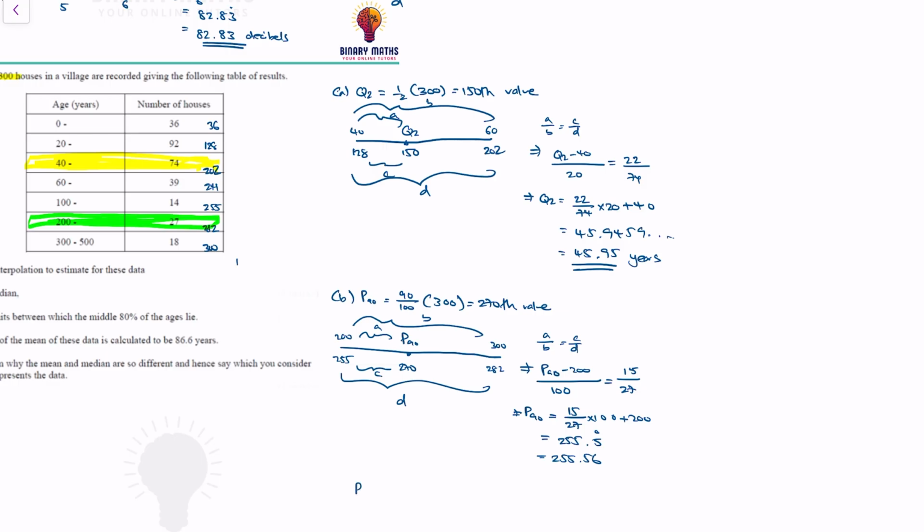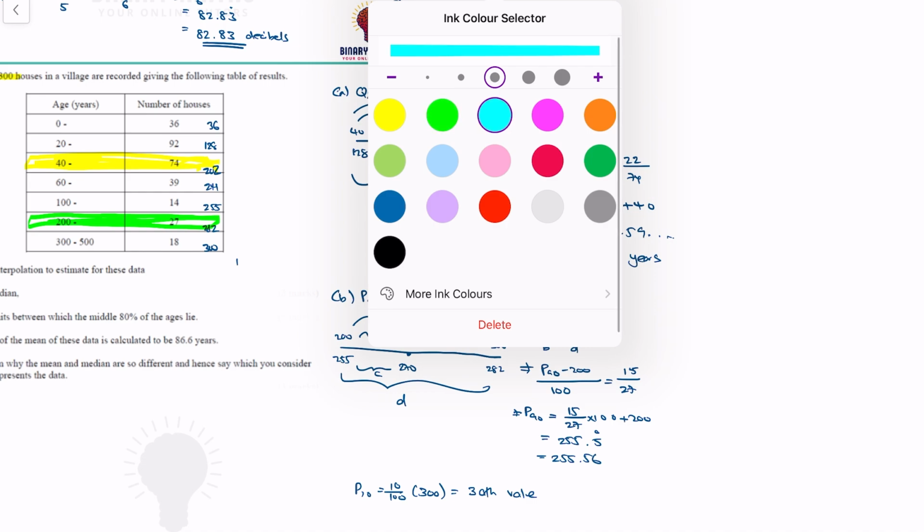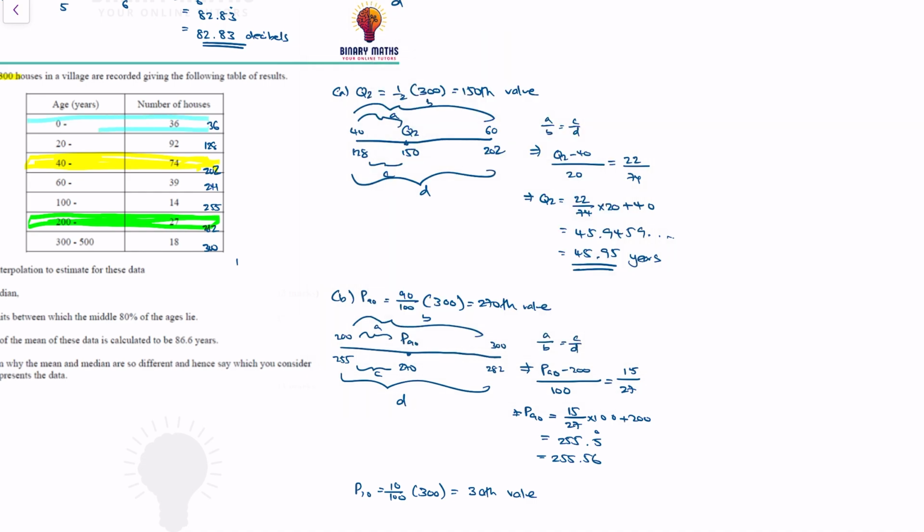Now to find P10. So P10 is equal to 10 over 100 times 300, which is equal to the 30th value. Now the 30th value will be in the first interval. So P10 lies between 0 and 20. It's the 30th value lying between 0 and 36.